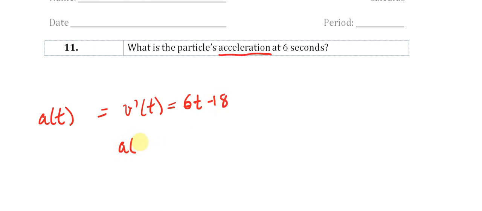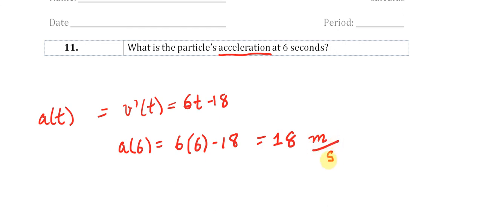So the acceleration at 6 seconds is equal to 6 times 6 minus 18, 36 minus 18, which is exactly 18 as well. And the units here are critically important. Acceleration is the change in velocity, so it is meters per second, or we can say meters per second squared.